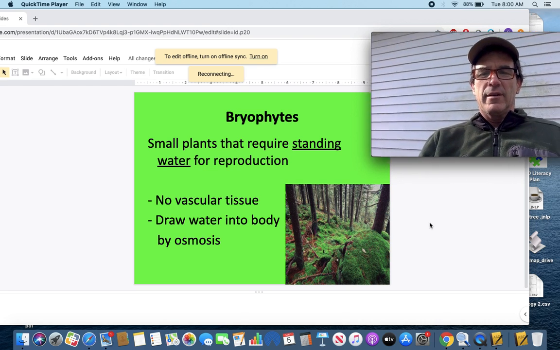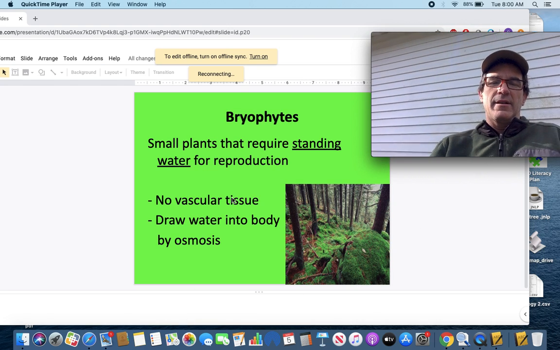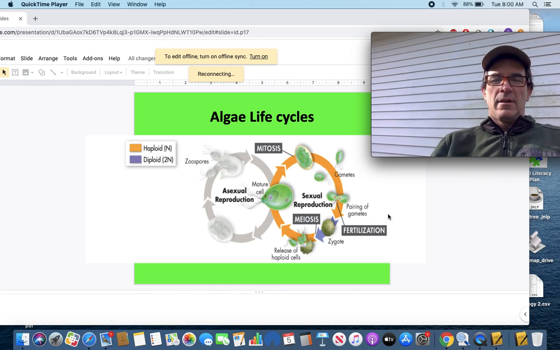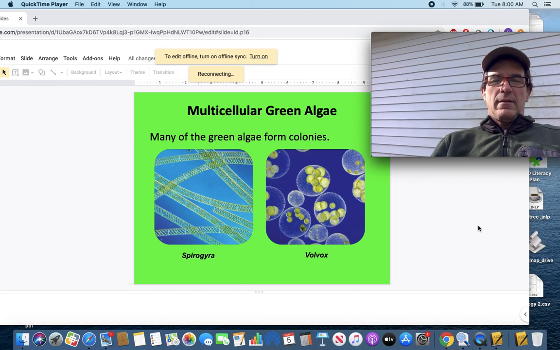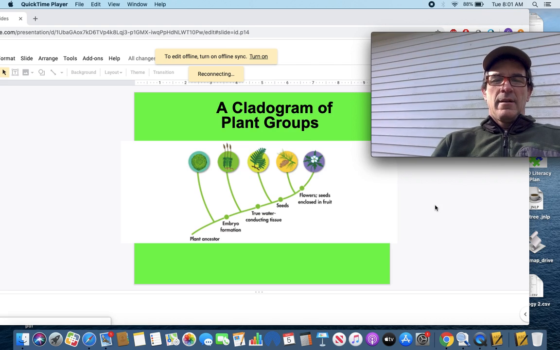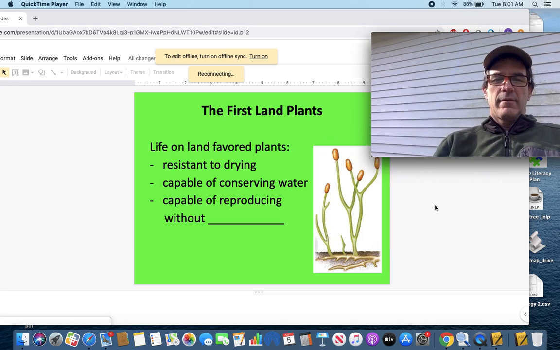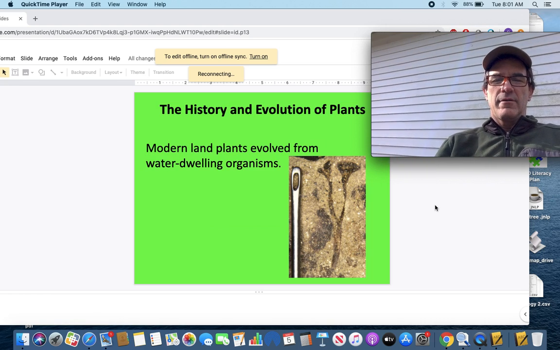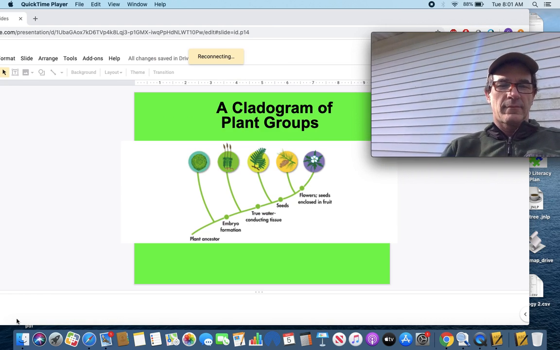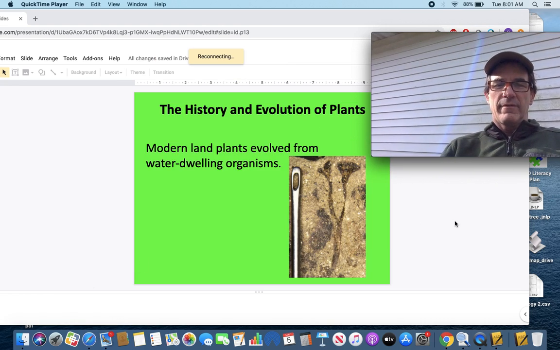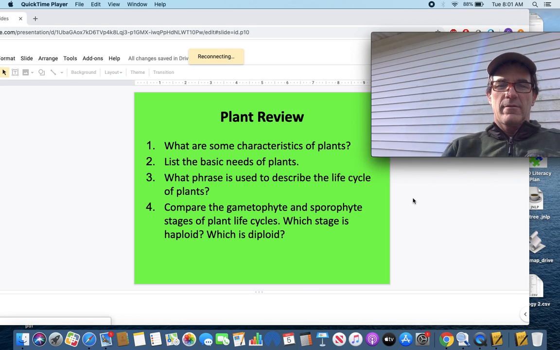The other reason they need to stay small and close to the ground is that they don't have what's called vascular tissue. Vascular tissue is like plumbing tissue, and they don't have it. Sorry, folks, I'm scrolling the wrong way here.